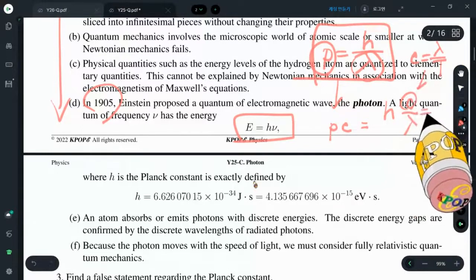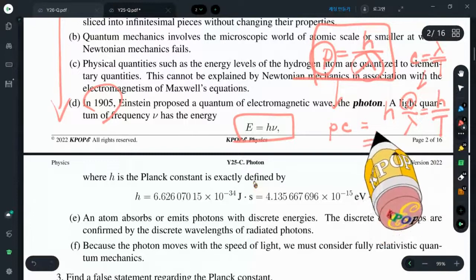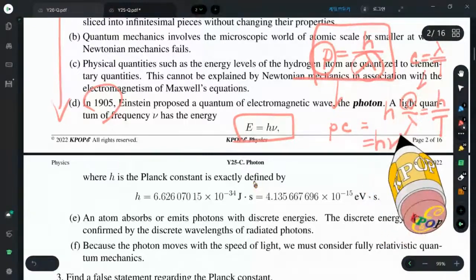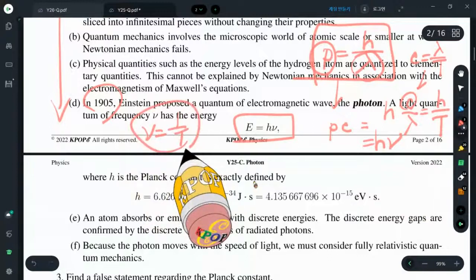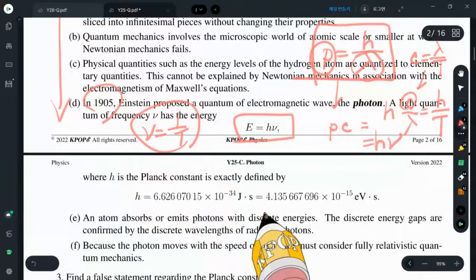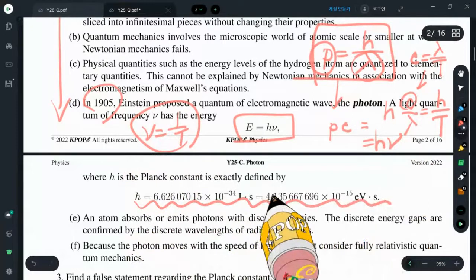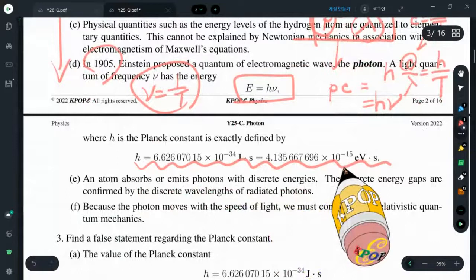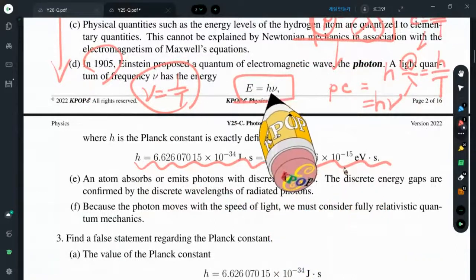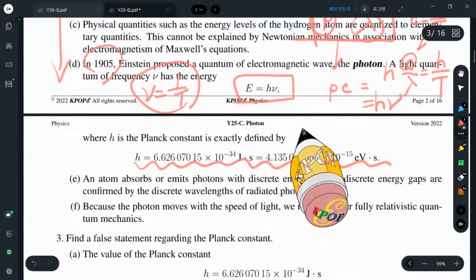Substitute, and we find h over period. That is h times nu. Nu is the frequency of light. For convenience, this h is called the Planck constant. And actually, people had indeed found this kind of proportional constant as a physical one.